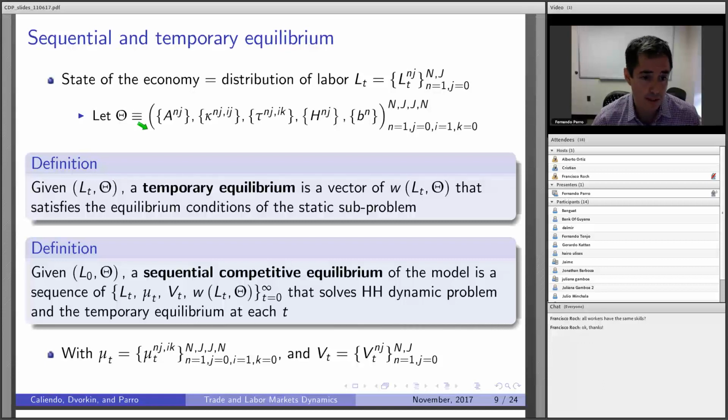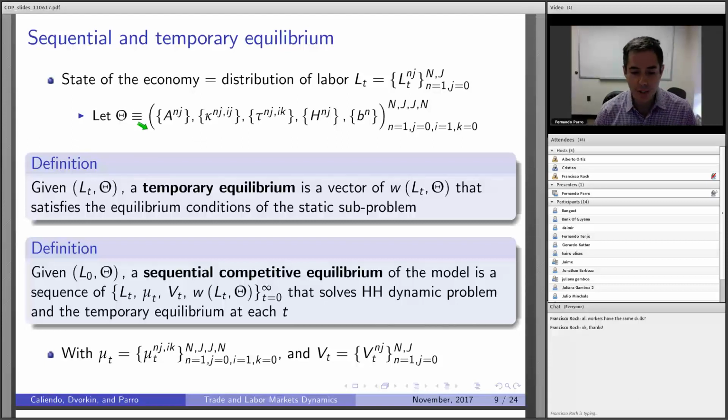It's composed of the productivities in each labor market, bilateral trade costs, bilateral migration costs, the stock of infrastructure in each labor market, and home production. Therefore, given the distribution of employment at each time t, and given the set of fundamentals of the economy, a temporary equilibrium is a vector of wages that solves the firm problem that I just showed to you.